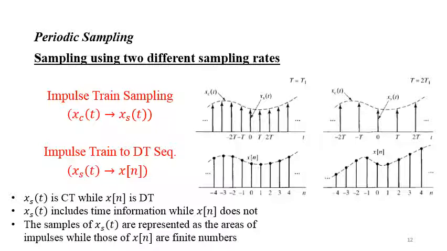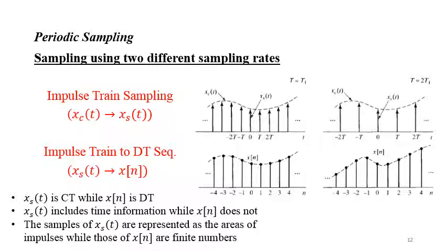So this is the first step, where you go from the continuous time signal, which we represent as x_c(t), to the sampled version, x_s(t). These still contain the time information, that is T, 2T, and so on. The next step is conversion from the impulse train into a discrete time sequence.